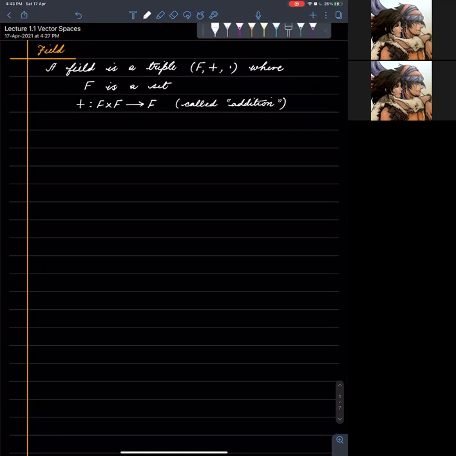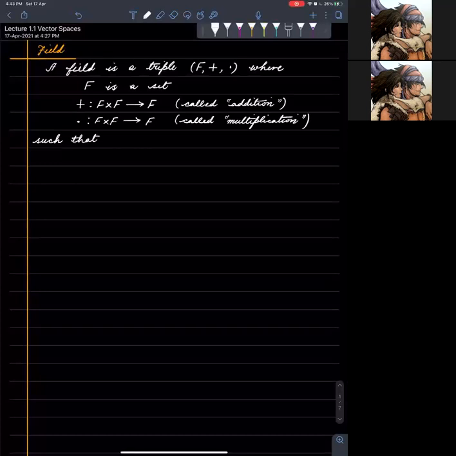So it's equipped with a binary operation called addition and another binary operation which we call multiplication, such that some basic properties that we would require of these two operations are satisfied.